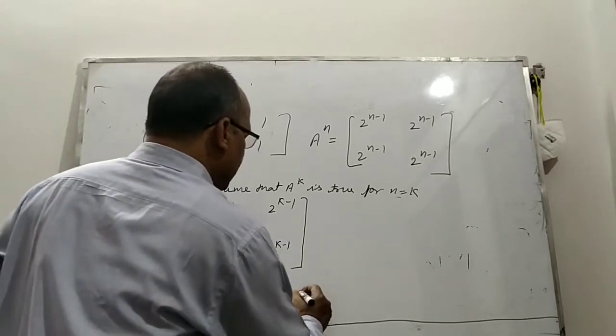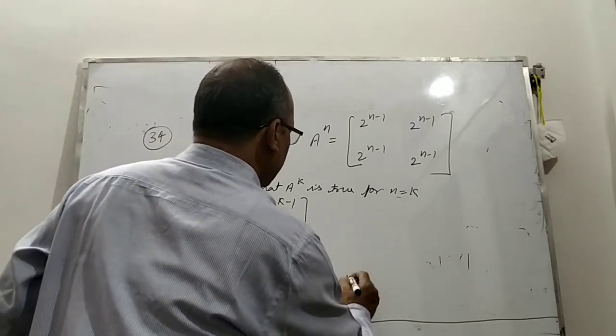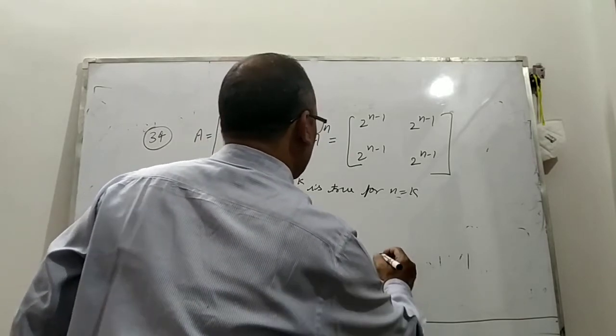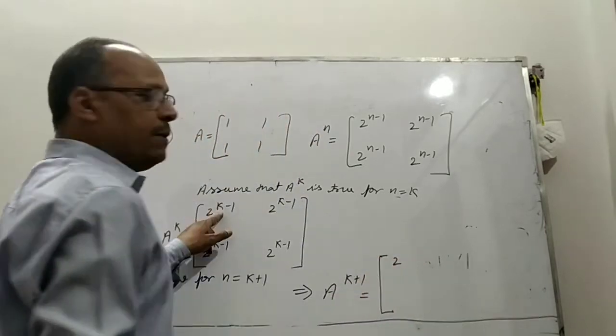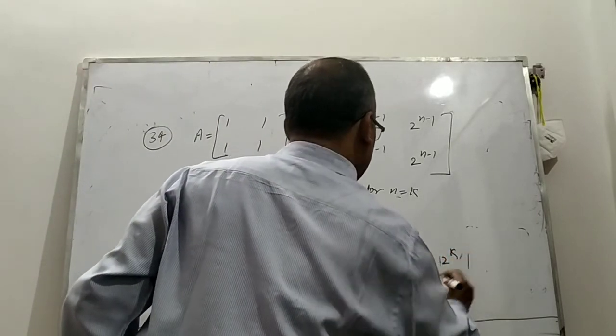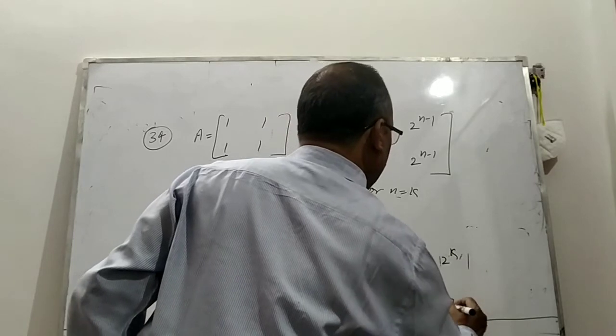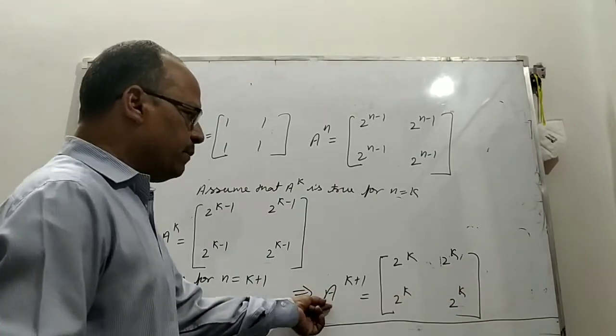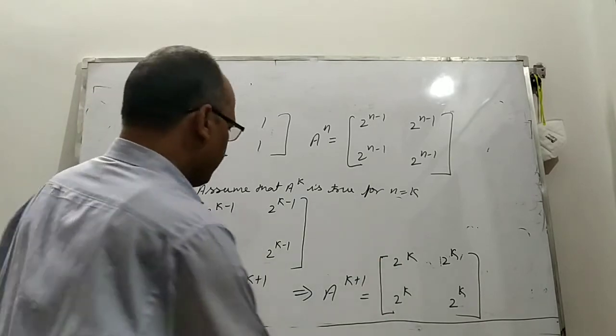So implies that we write a raised to power k plus 1 will be equal to 2 raised to power k plus 1 minus 1, which is 2 raised to power k. Means we will prove that this will be equal to this.